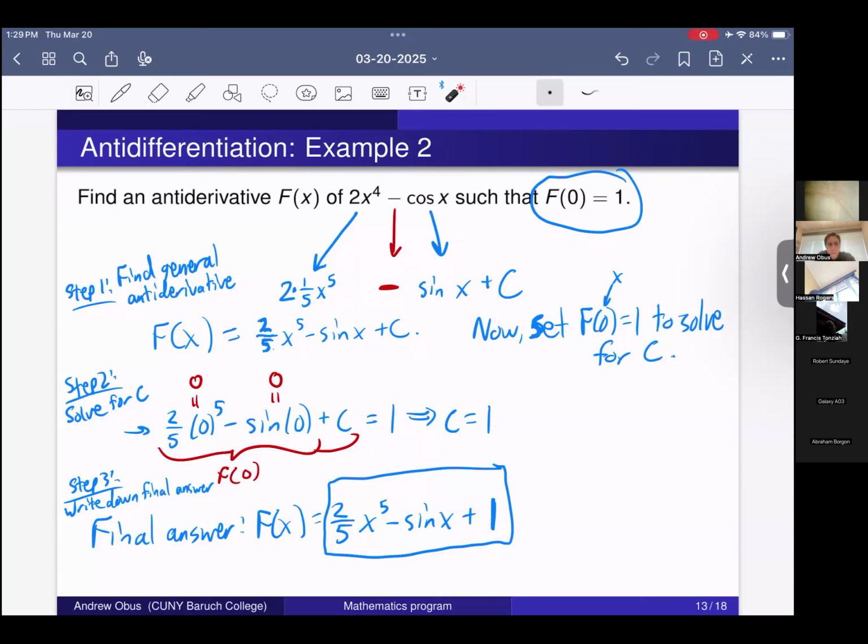All right. Any questions on this example? What becomes of the 1 if we have f of 0 equals 1?